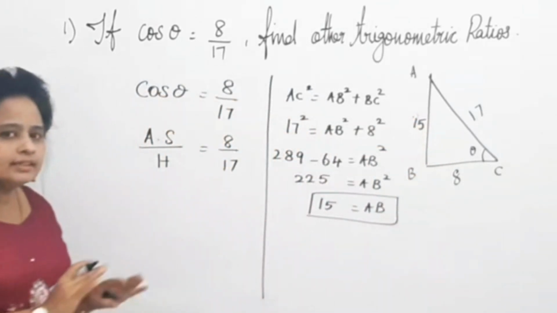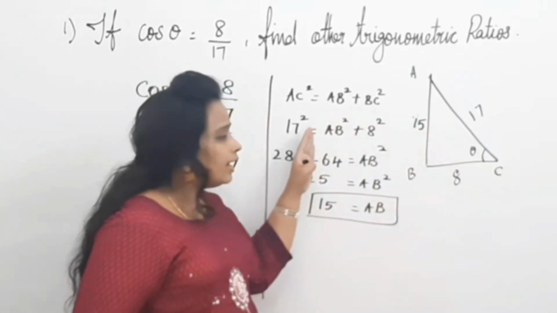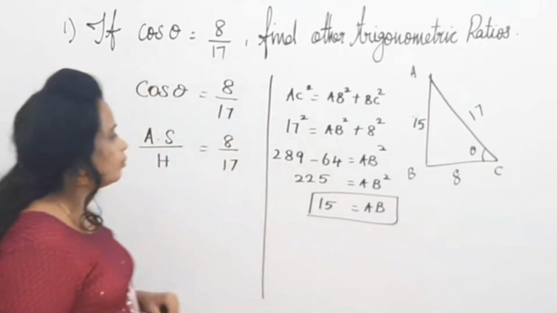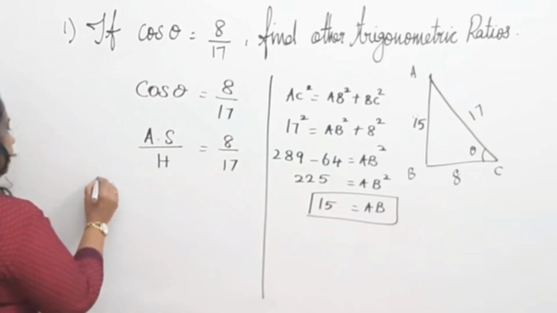Now it is done. My first step is this, second step is this, and the third step is the Pythagorean property. Now my fourth step, I would start writing my ratios.